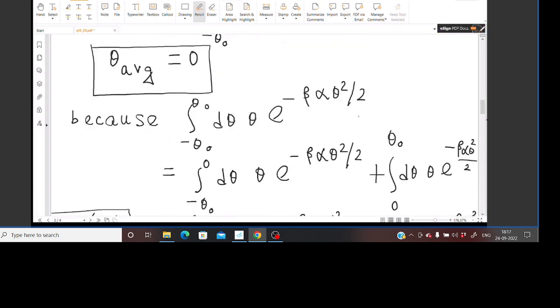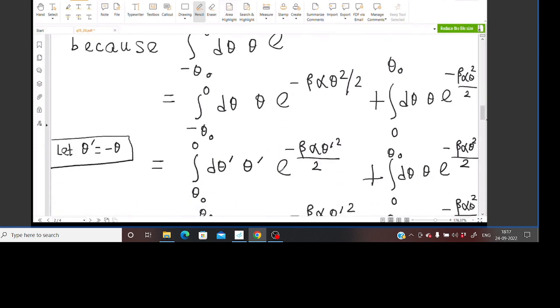This integral can also be written as integral d theta into theta into e to the power minus beta alpha theta square by 2, where the lower limit is minus theta naught and the upper limit is 0, plus integral d theta into theta into e to the power minus beta alpha theta square by 2 with the lower limit 0 and the upper limit theta naught.